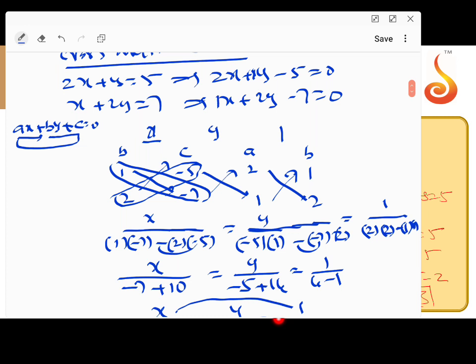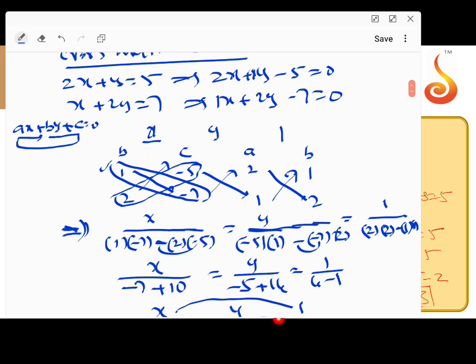After that, the major part of this question is x. We want x here. X divided by, so you have to multiply the corners. 1 into, first you have to take this order, from this order and this order you can take. So 1 into minus 7, keep minus between them and multiply the other corner elements, 2 into minus 5, and simplify the entire first term, x by minus 7. So minus into minus plus 10.